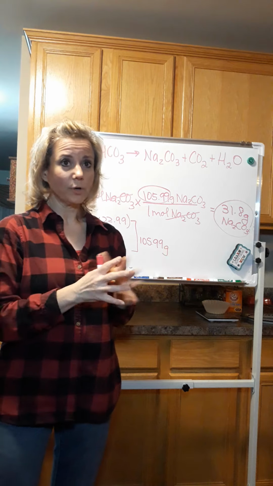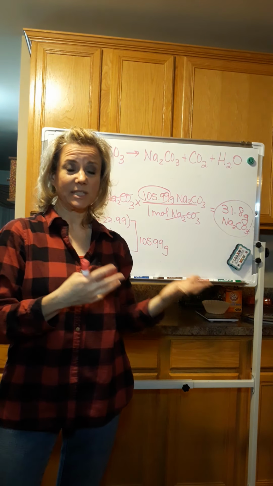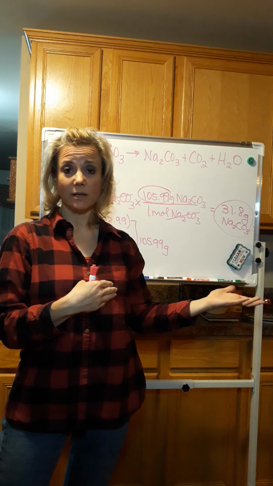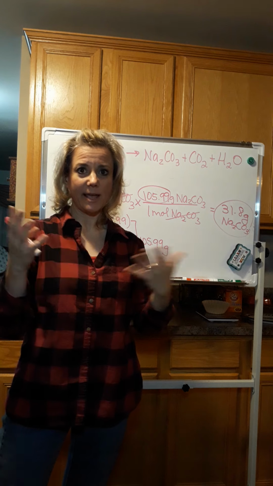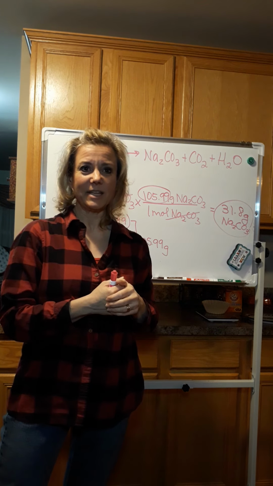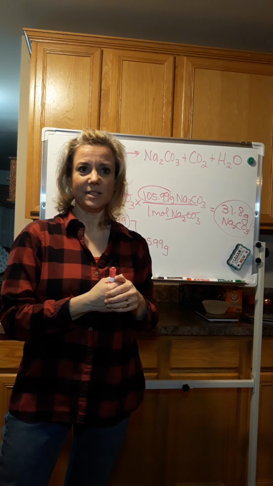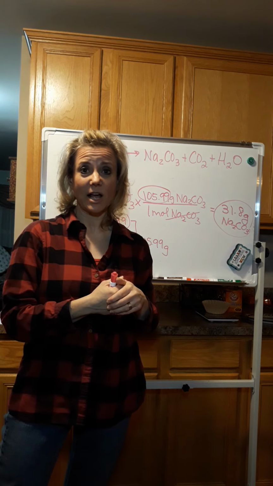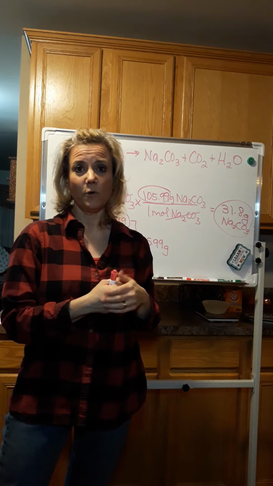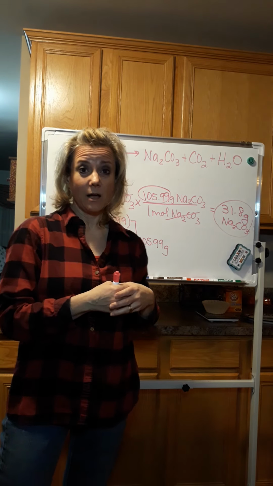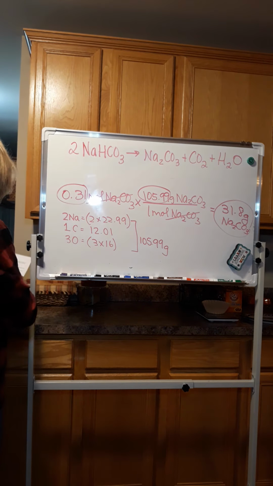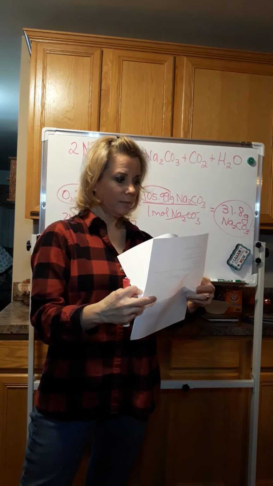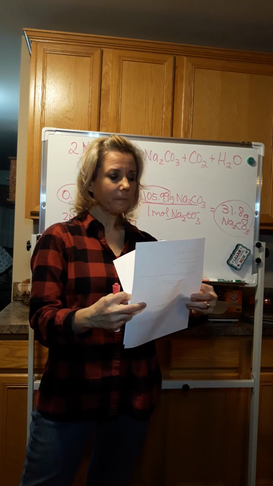So what we're going to do here then is I'm going to take my 52 grams of baking soda. I'm going to go ahead and put it into the oven and take it out, let it cool, and see how much is left after I decompose it for about 30 minutes. So while that's going on, you guys should go ahead and answer problem number 9.